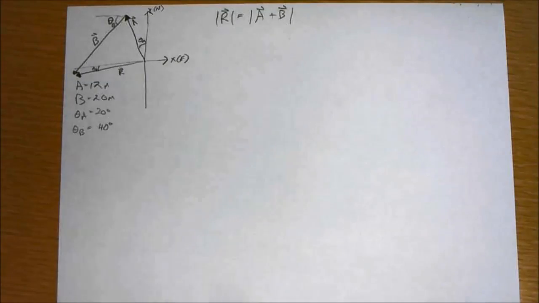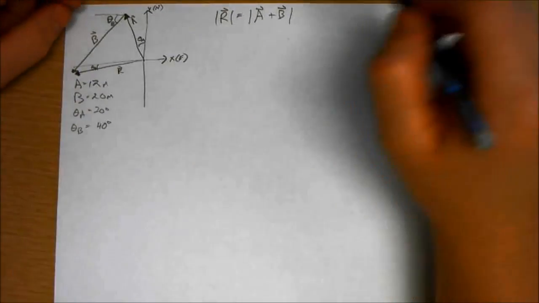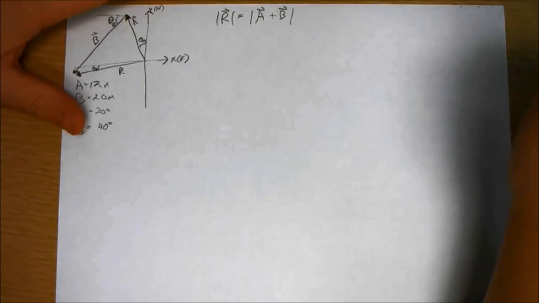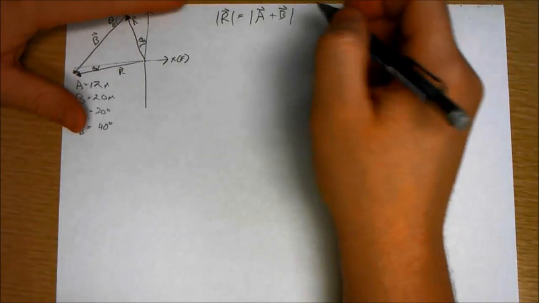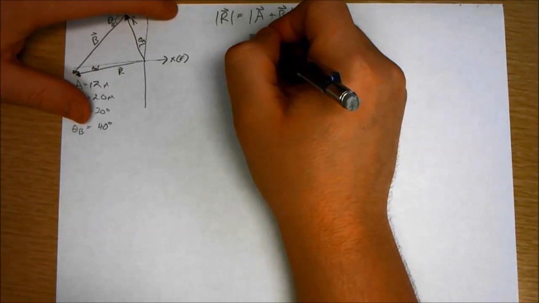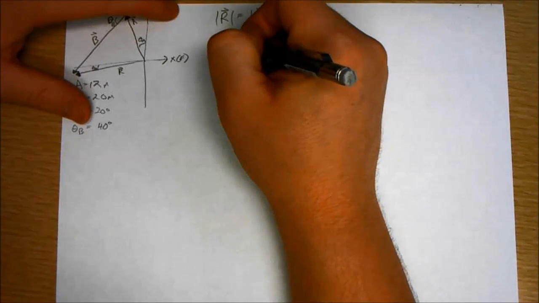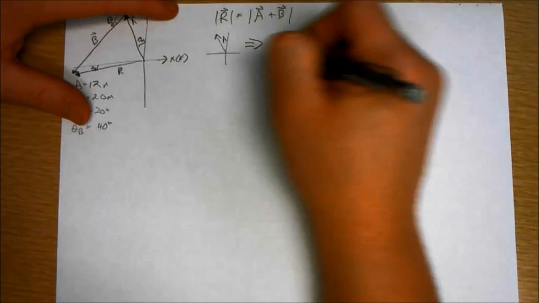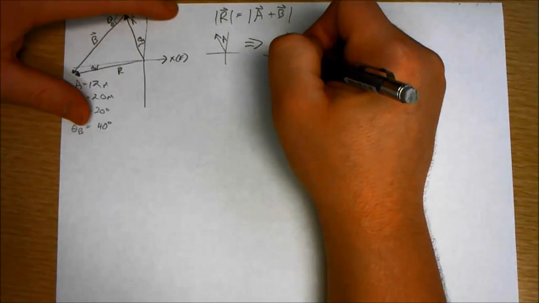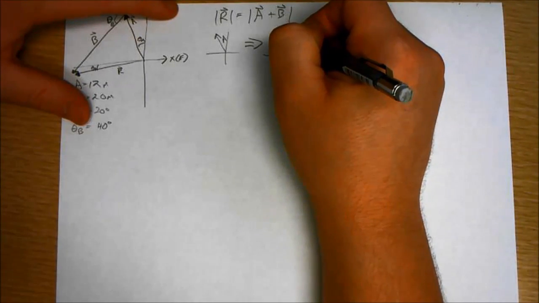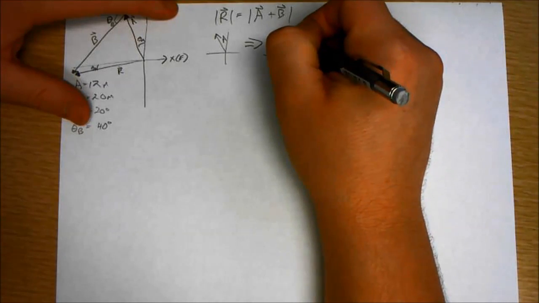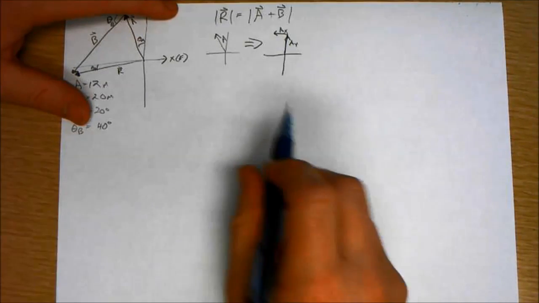But here's the thing, you can't add these vectors A and B because they're not in the same direction. We need to force them to be in the same direction. So let me draw a sketch. Vector A, I can draw instead as two vectors, AY and AX.